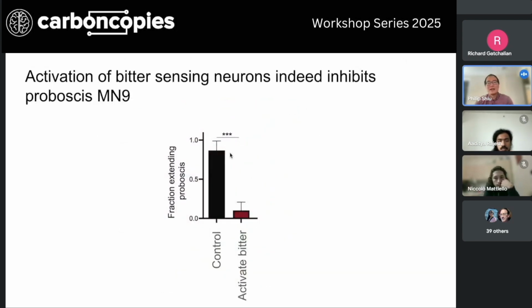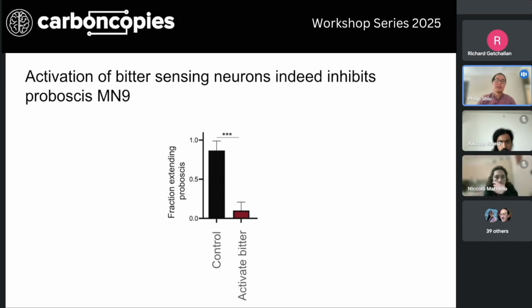But we find exactly that: activation of these bitter-sensing neurons indeed inhibits proboscis extension. And we also did this, in data that I'm not showing, with a second taste modality that had been poorly understood, called IR94E.